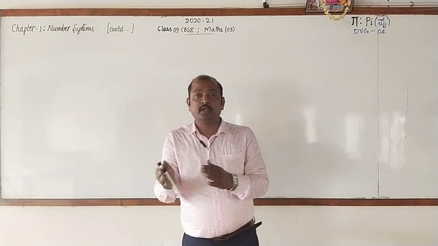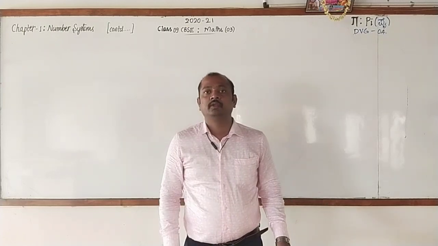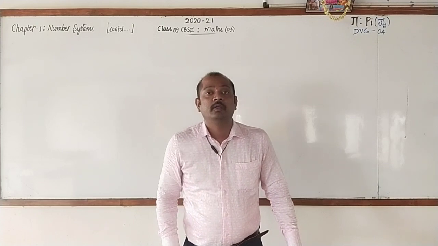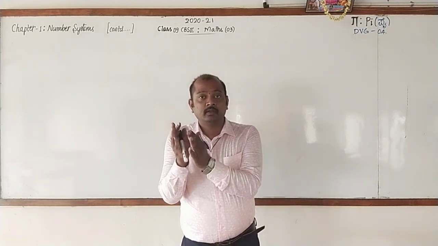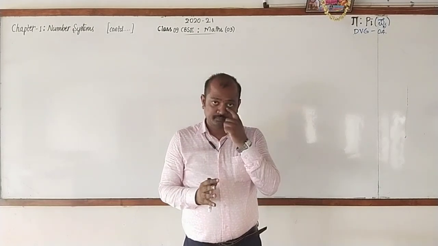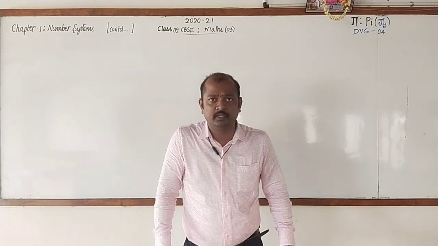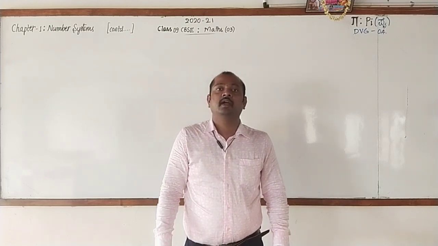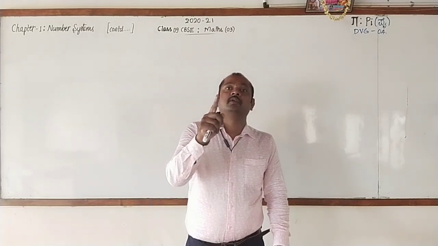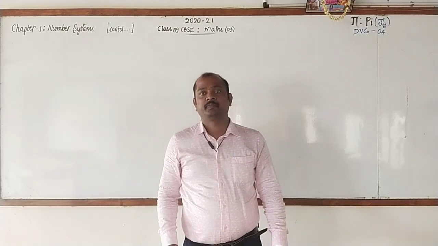Then, the fifth point: we got information about the number line and how to represent numbers on the number line. This was introduced by two mathematicians, Richard Dedekind and G. Cantor.